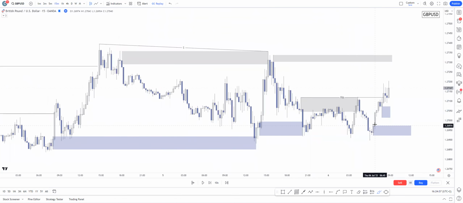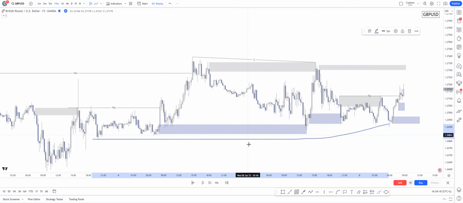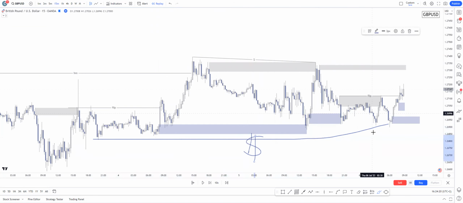Perfect. There was another demand on the downside right here, but this demand was actually part of this huge liquidity pool on the downside. I can't draw a single line, but here was liquidity on the downside.